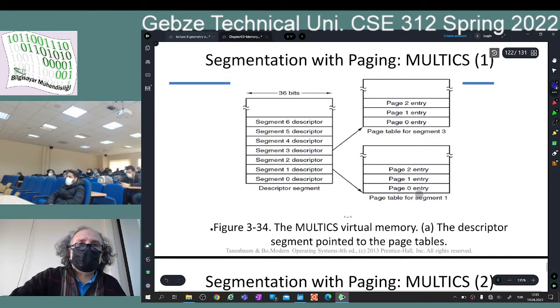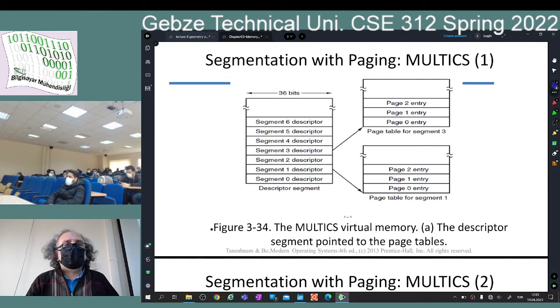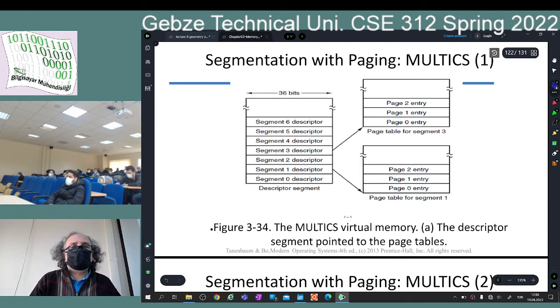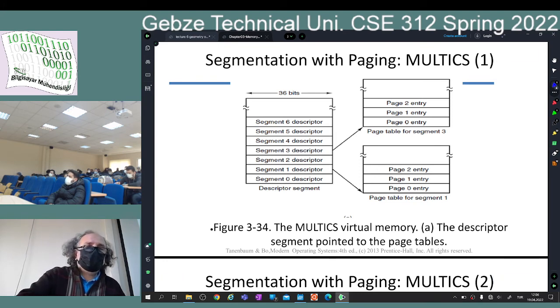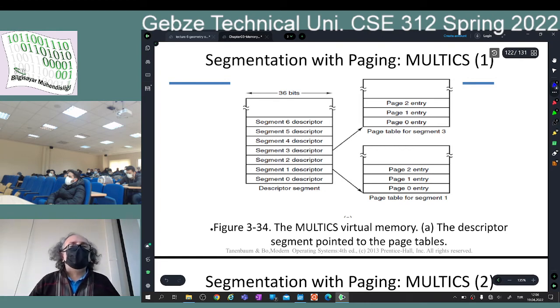I have a table of segment descriptors. Inside it, I have information for segment number 0, segment number 1, segment number 2, then 3, etc. It goes that way.